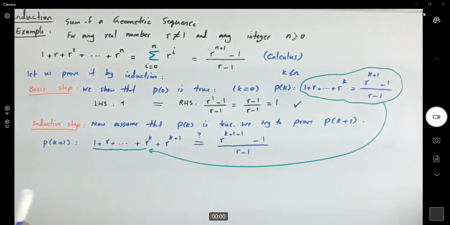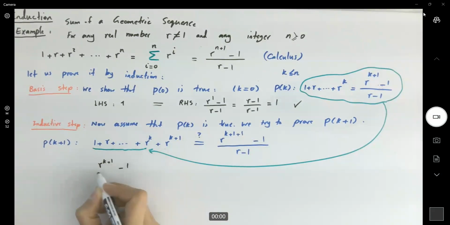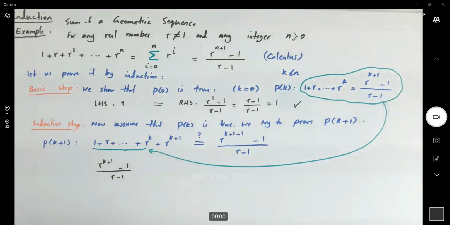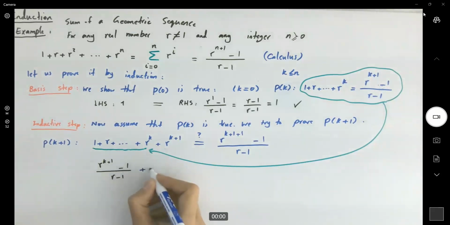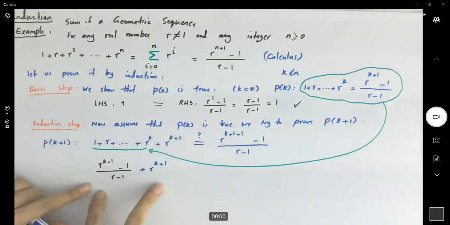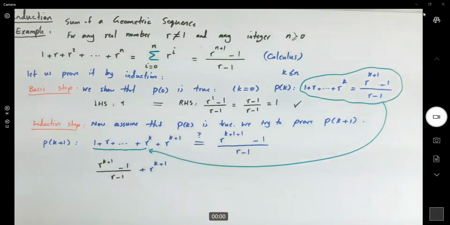Very good. So this becomes r to power k plus 1 minus 1 divided by r minus 1 plus, we're going to add the rest of the terms, r to power k plus 1. Now take the common denominator and show that this addition is equal to this guy here.